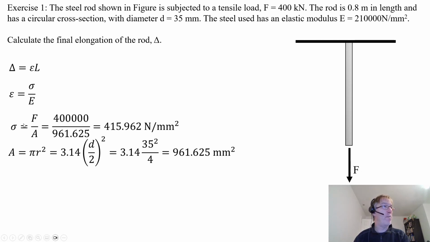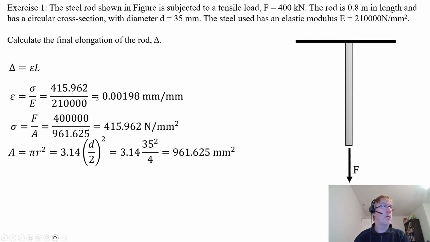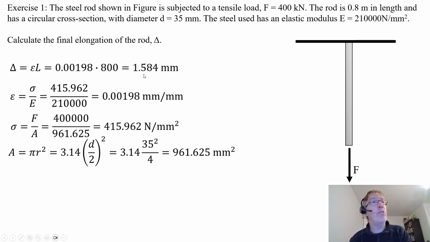Now that we have the stress, we can now get the strain. And now that we have the strain, we should now get the delta, or the elongation caused by the force F being applied. Okay, so the elongation caused by that force of 400 kilonewtons applied to that rod is 1.548 millimeters.